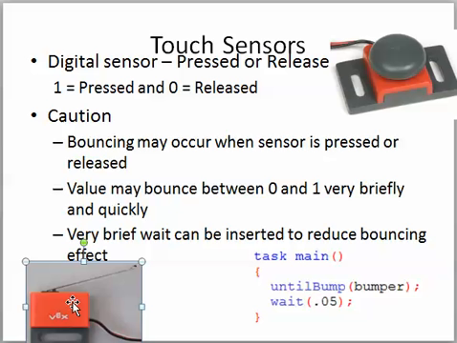A very brief wait can be inserted to reduce the bouncing effect. So one thing that's done quite often after you use a switch is you give it a wait of 0.05, and that eliminates a little bit of the bouncing action. It waits that long after it's been pushed before it reacts.